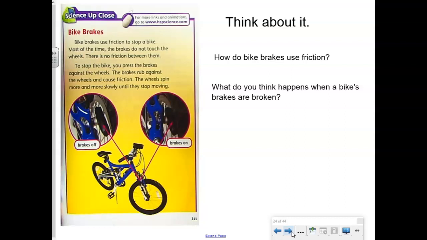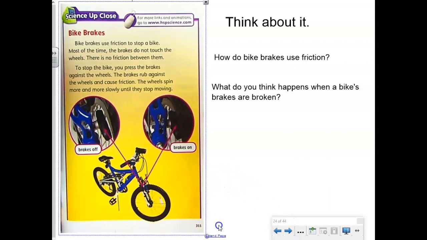All right, now let's look at bike brakes. Let's see if we can learn something interesting here. Bike brakes use friction to stop a bike. Most of the time, the brakes do not touch the wheels. There is no friction between them.